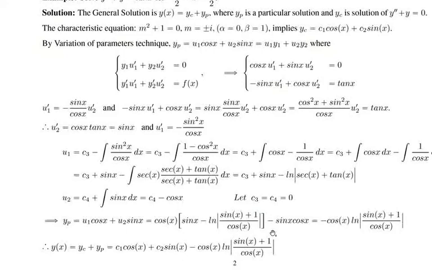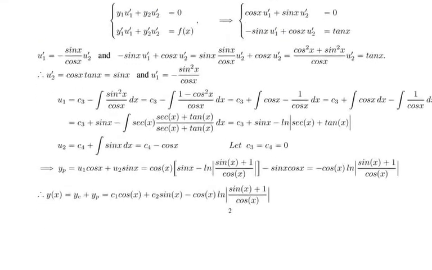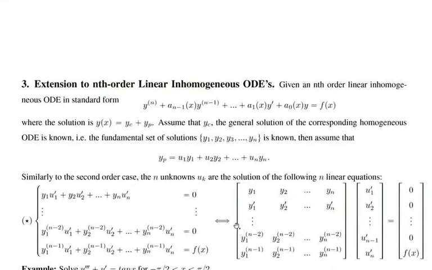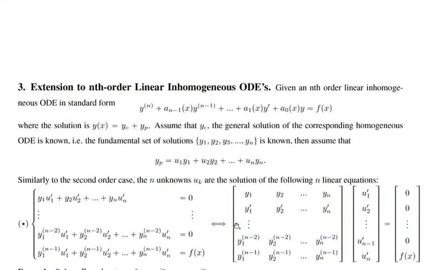So now we move to the extension to higher order linear inhomogeneous ODEs. So I'm going to assume that I have an nth order linear inhomogeneous ODE written in standard form. So the assumption is that the highest derivative, the nth derivative of y, is just multiplied by 1.